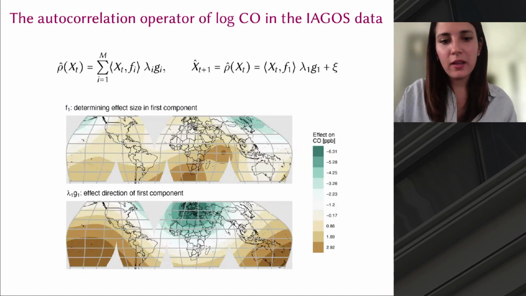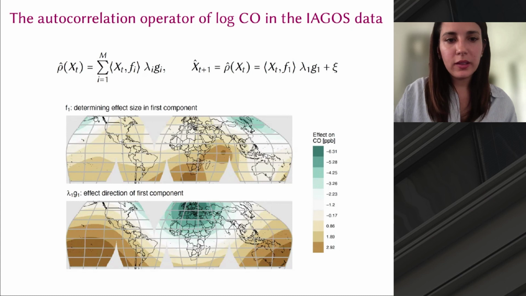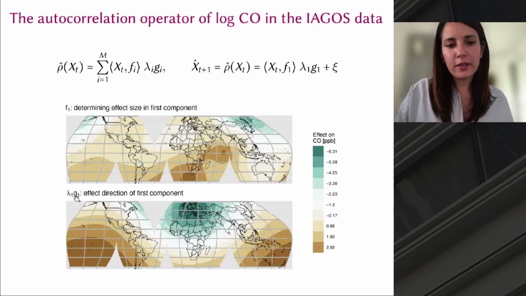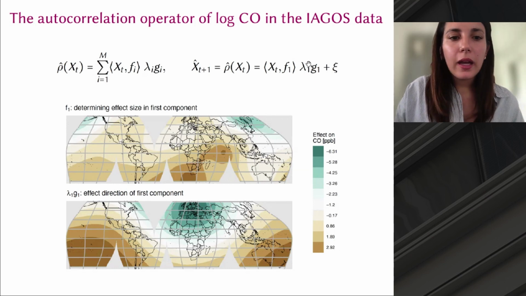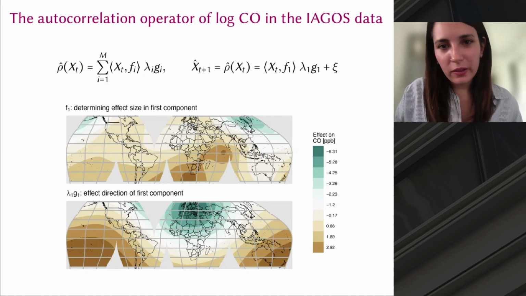You can see this quantity f1 plotted, determining the effect sites in the first component of the singular value decomposition in this case, and lambda 1 G1, which is the effect direction of the first component here. And as I told you, it's just a preliminary result, and we are working on it and also on another application.